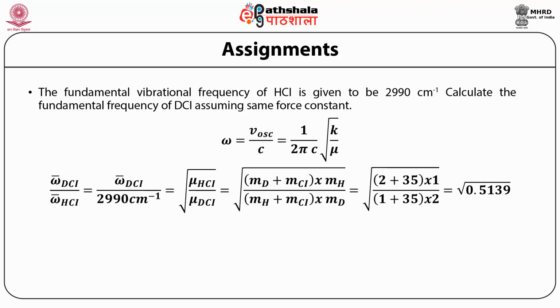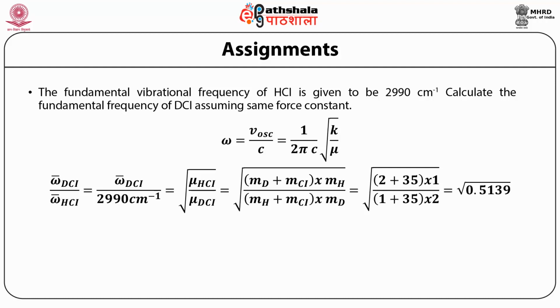So dividing, omega DCl upon omega HCl, writing the vibrational frequency of HCl as 2990 centimeter inverse, is equal to under the root mu HCl upon mu DCl, which is equal to the mass of deuterium plus mass of chlorine into mass of hydrogen, divided by mass of hydrogen plus mass of chlorine into Md, the mass of deuterium, which is equal to 2 plus 35 into 1 upon 1 plus 35 into 2.